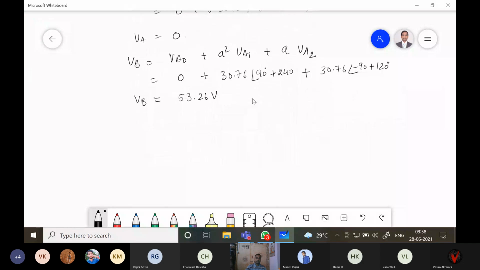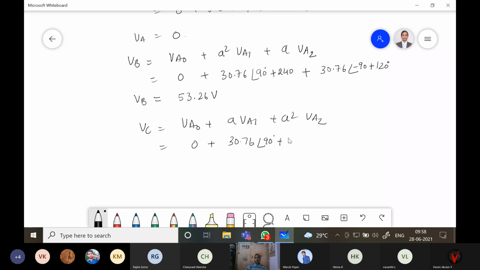Similarly, you calculate VC: VA0 plus a into VA1 plus a squared into VA2. VA0 is 0, so 30.76 at an angle 90 plus 120, plus 30.76 at an angle minus 90 plus 240.